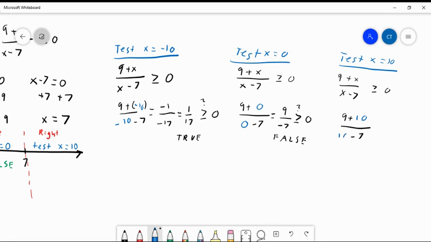Put a 10 wherever the x was, and simplify to get 19 thirds, and determine whether that is greater than or equal to 0 or not. Well, 19 thirds is positive, and a positive number is greater than or equal to 0. This statement is true. Since x equals 10 was from your right region, and we ended up with a true statement, we are going to label your right region as true.